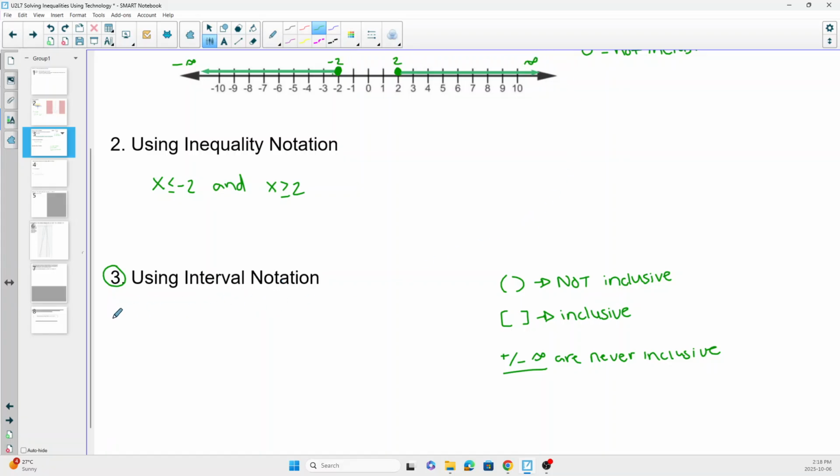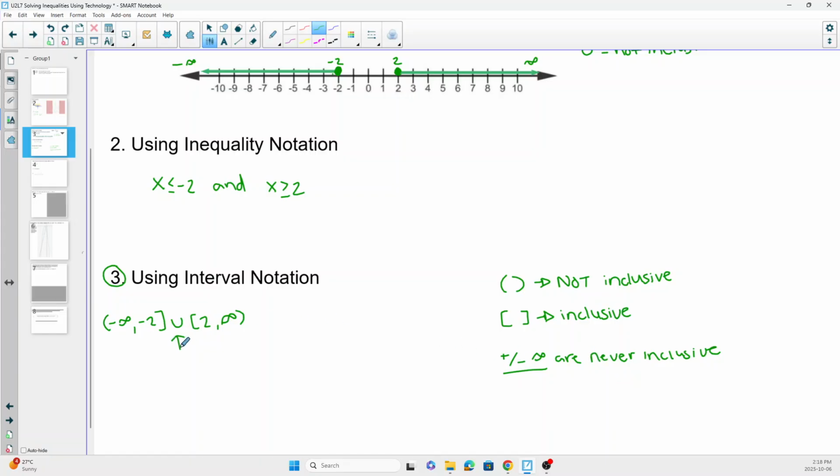So to write this using interval notation, we would say from negative infinity, but not inclusive of negative infinity, so we're using our round bracket, all the way up to negative 2, but yes, inclusive of negative 2, and again, from positive 2 and inclusive of positive 2 up until positive infinity and not inclusive of positive infinity.